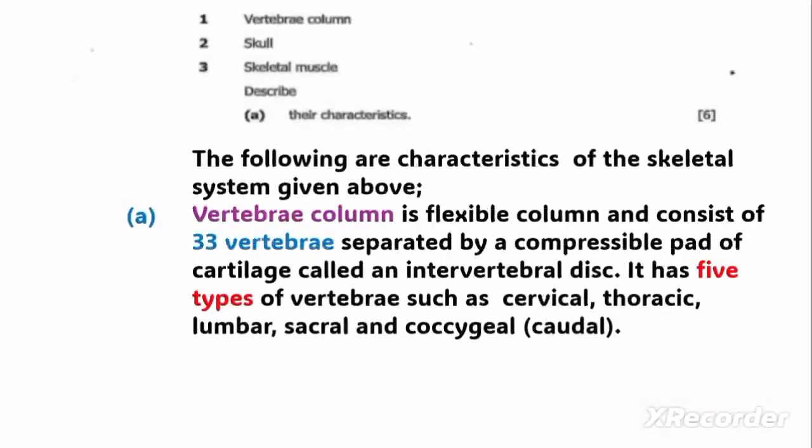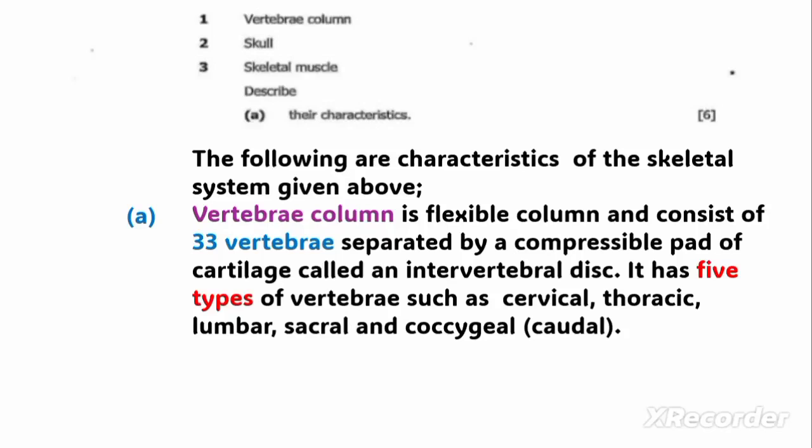So the vertebral column is a flexible column. Here we are given characteristics. It consists of 33 vertebrae separated by compressible pads of cartilage called intervertebral discs.